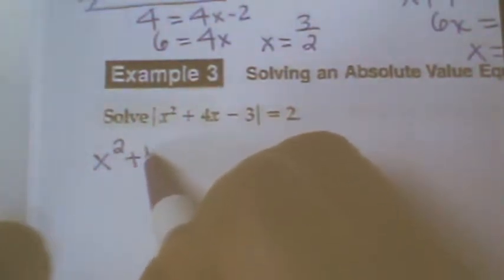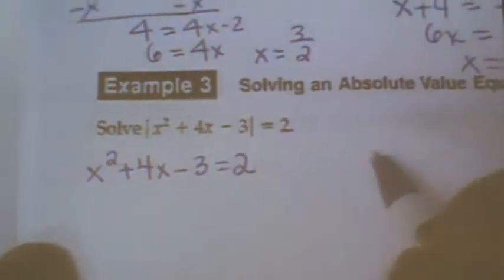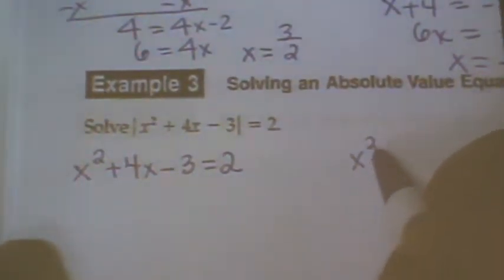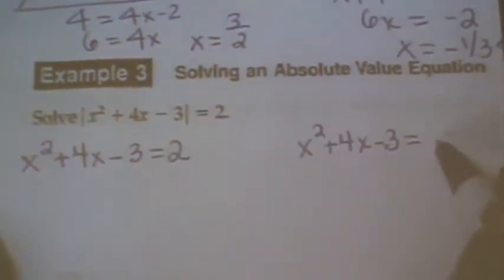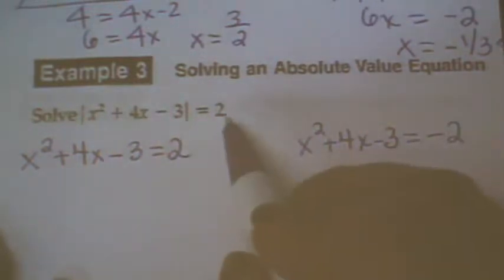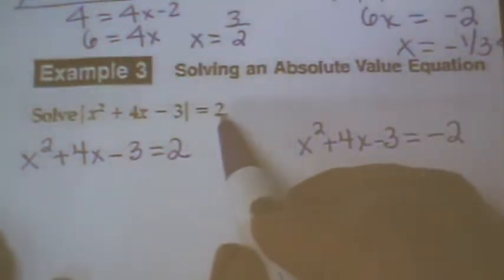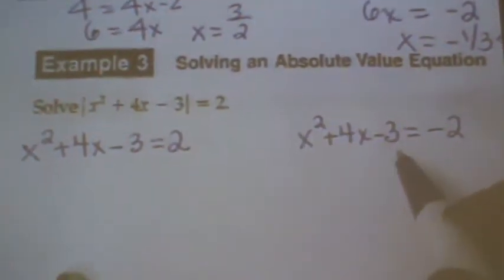X squared plus 4x minus 3 equals 2. X squared plus 4x minus 3 equals negative 2. Now, if this 2 right here were a negative number, you'd say no solution, but you're going to break it up into positive 2 and negative 2.